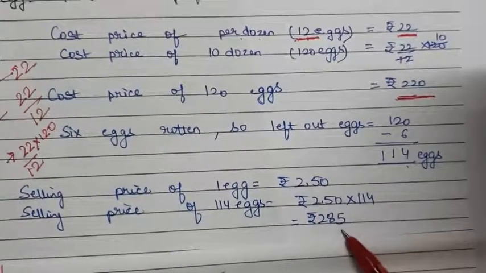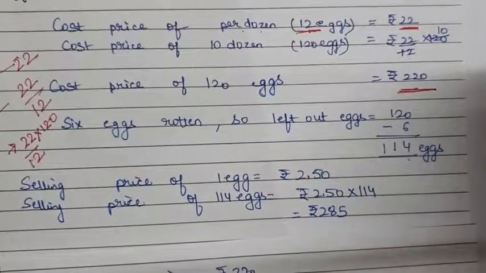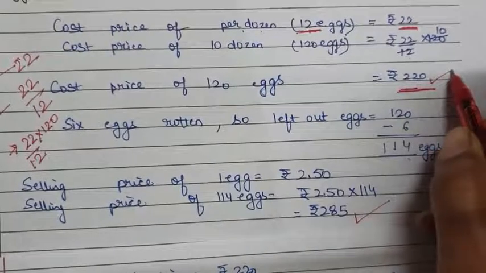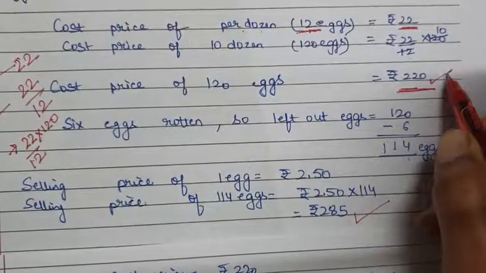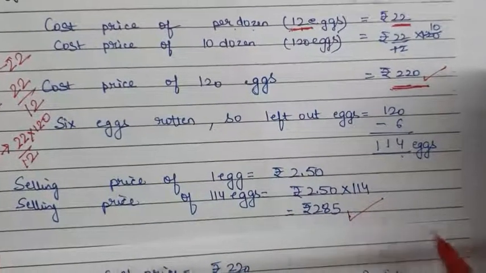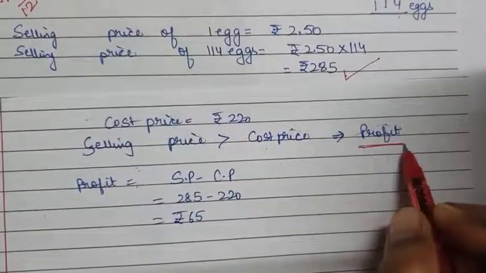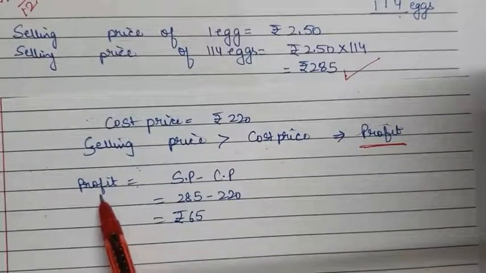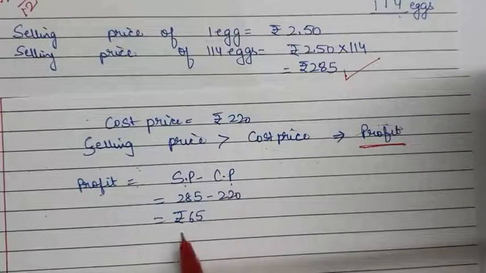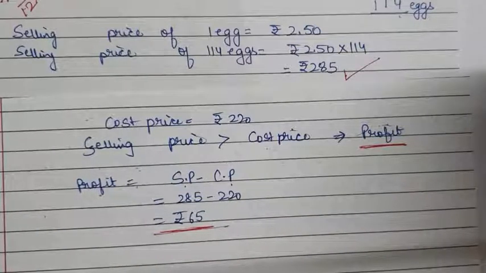We get 285 rupees. So now children, selling price you know, cost price you know. Which is more? Selling price is more. So means he will be having profit. And we have to find the profit also. That is selling price minus cost price. So we get 65 rupees as a profit.